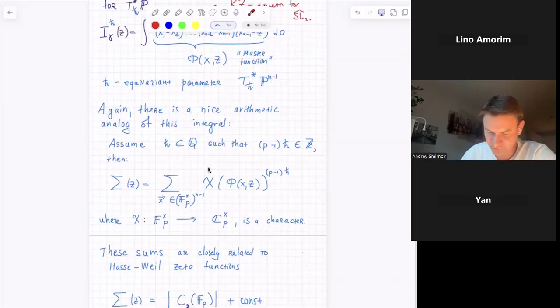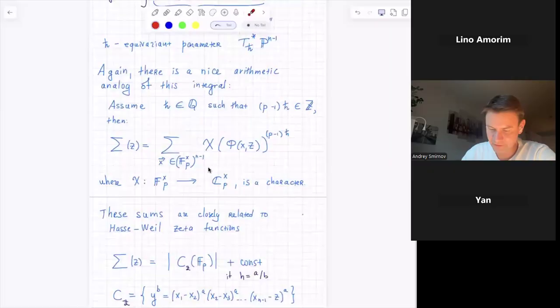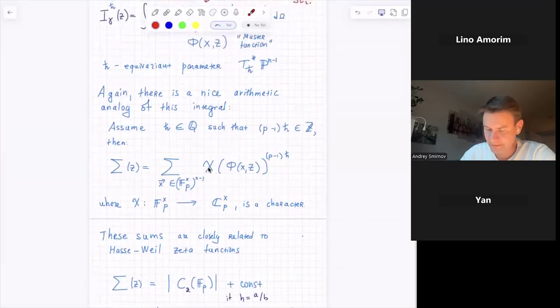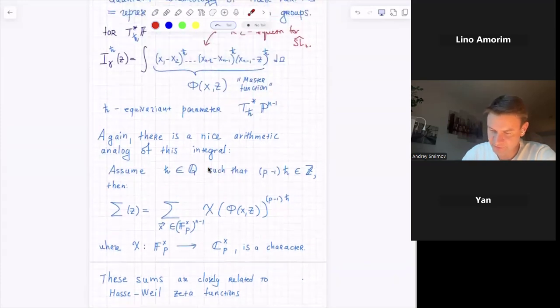The idea is the following: if you specialize your equivariant parameter to some rational value, and moreover, say that this rational number times p minus 1, where p is some prime number, is an integer, so this multiplication cancels out the denominator of each h bar, then you can define the following thing. Again, it's a sum in this case over the torus of the same master function as here.